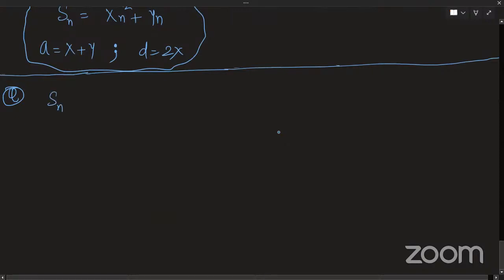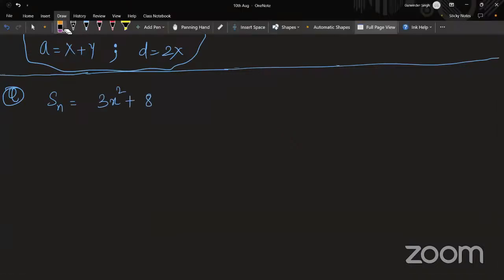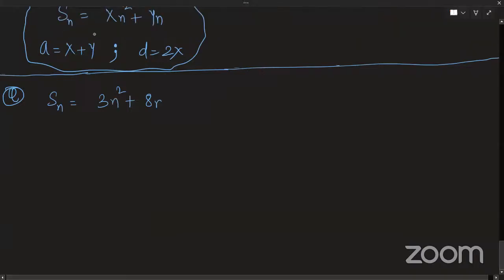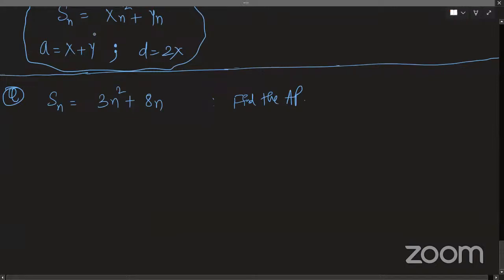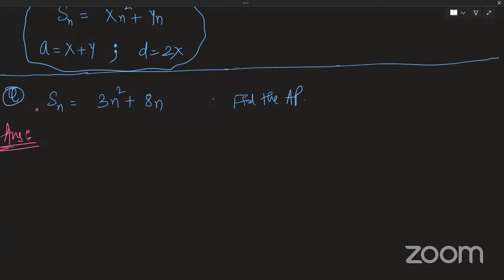So just a very small question. It is given to you Sn is equal to 3n square plus 8n. So I am asking you to find the AP. Can you find the AP for me first? A is 11, d is 6.